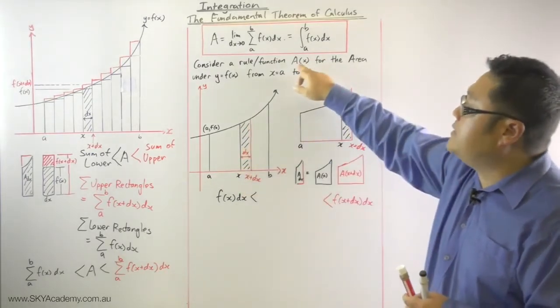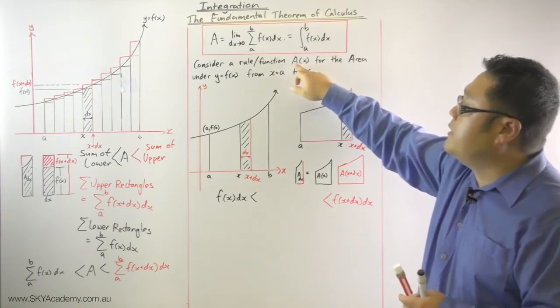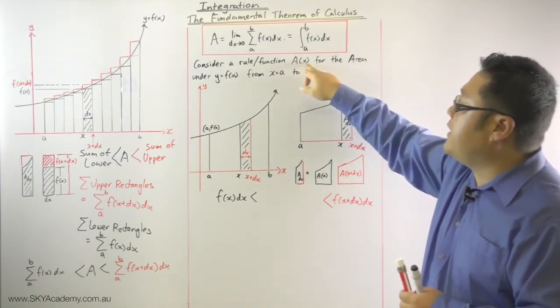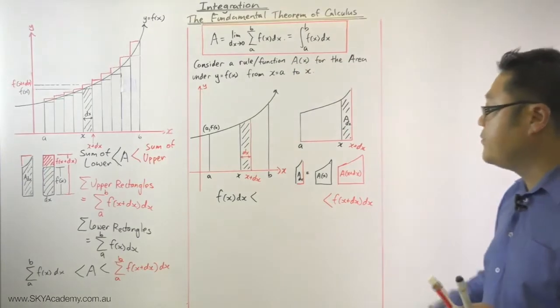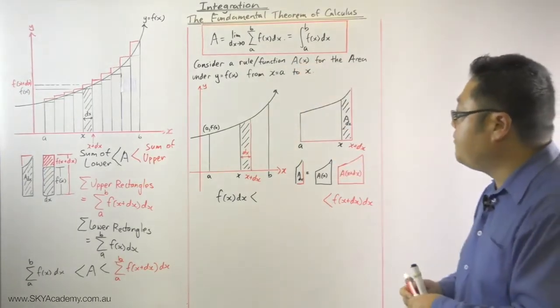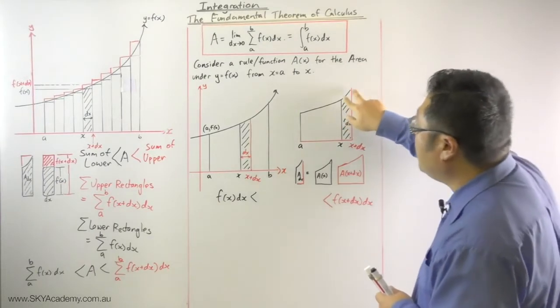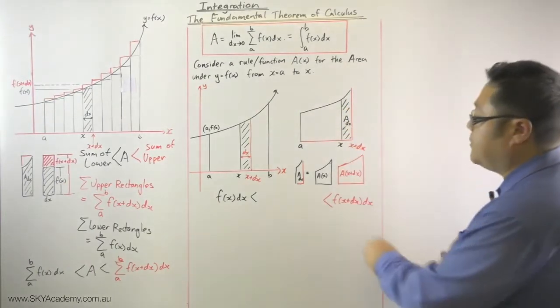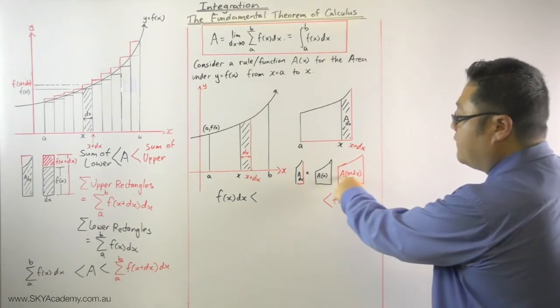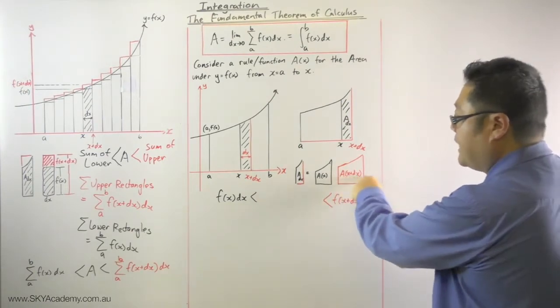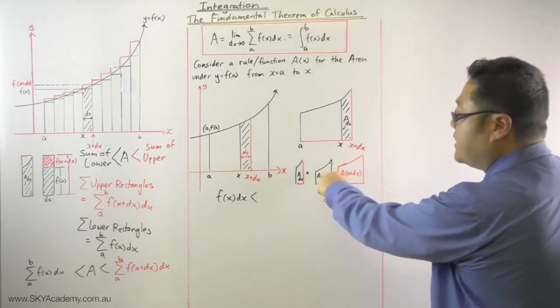Now, remember how we said that the area is going to be A of x? That's the rule for the area. Well, the rule for one of these strips is going to be the area of the red bit minus the area of the black bit.